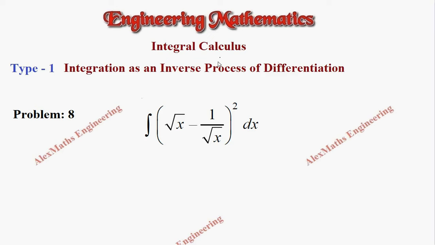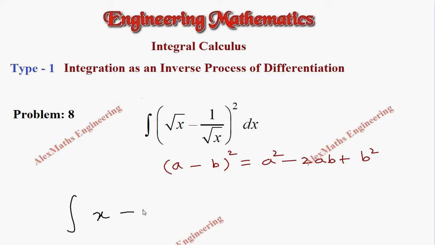Next problem, integral root x minus 1 by root x whole square. This is of the form a minus b whole square. Its expansion is a square minus 2ab plus b square. So when we expand this, it will become a square, which is root x square, which is x, minus 2ab, then plus b square, which is 1 by x.